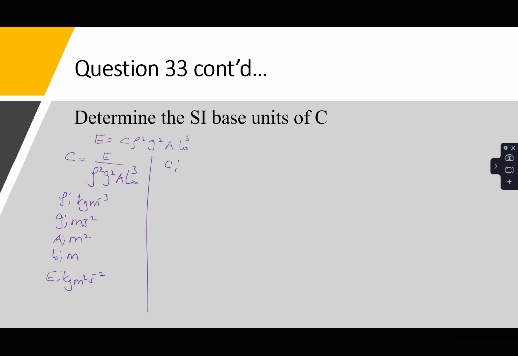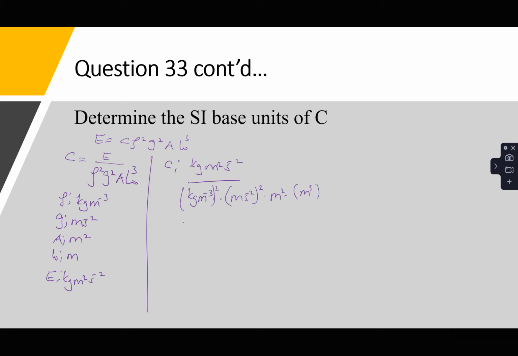So C will have base units as E, which is kilogram meter squared per second squared, divided by kilogram per meters cubed, squared, times G, meters per second squared, which is also squared, times meters squared, times m power 3, because it is raised to power 3.